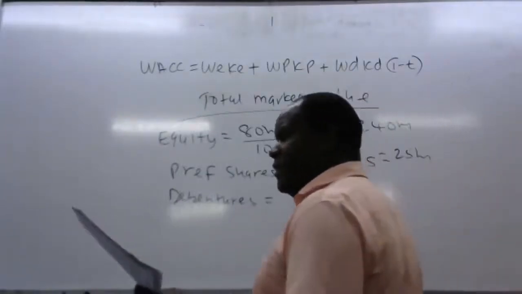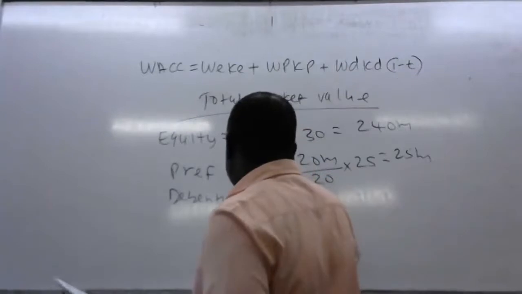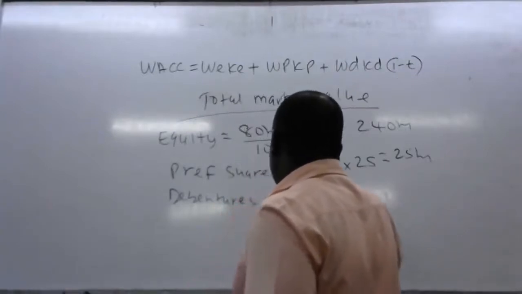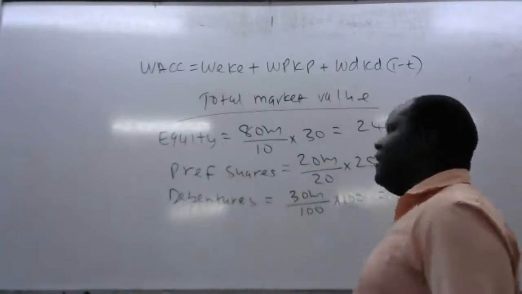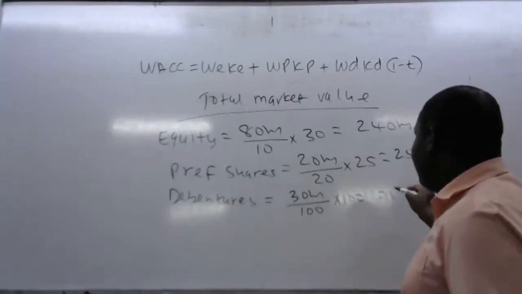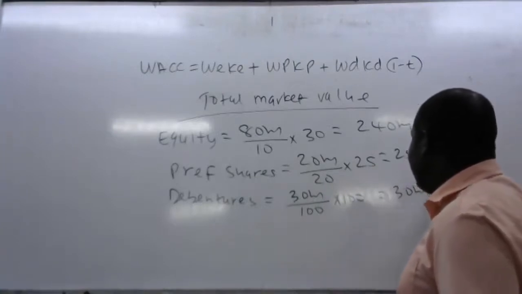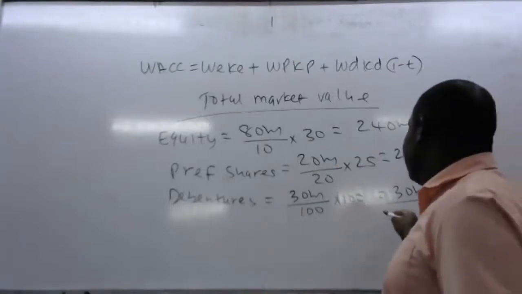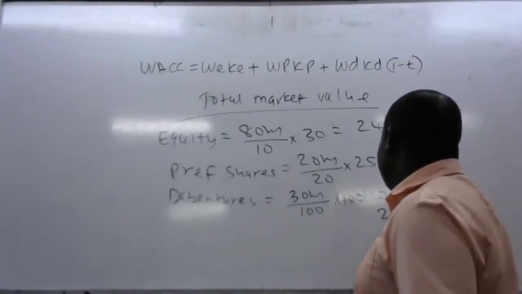You take the 30 million, divide by the par value, which is 100, and they were still trading at par. So now it will be 30 million. So you add them together, and it will be 295.